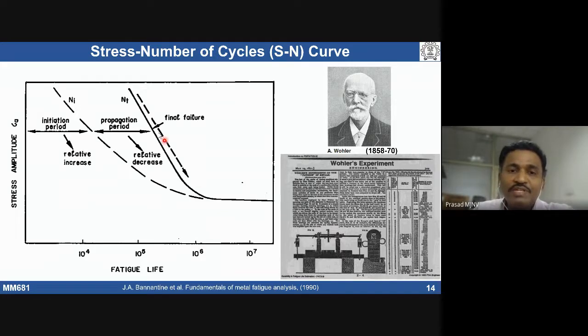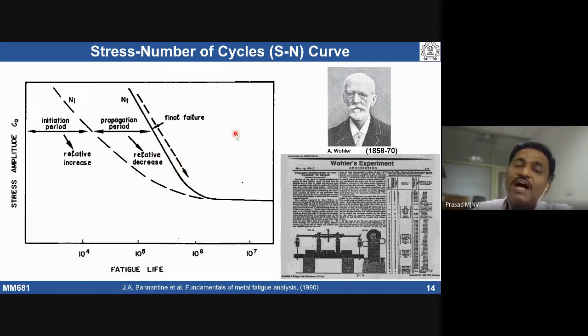Earlier, when steel was studied, people saw an almost saturated behavior: below this stress amplitude, even with an infinite number of cycles, the material is not going to fail. So this is the safe regime.